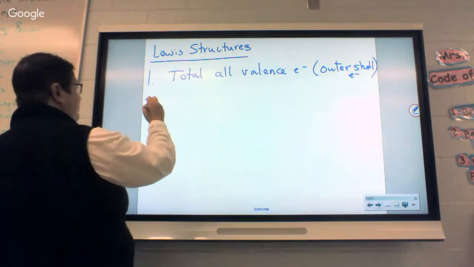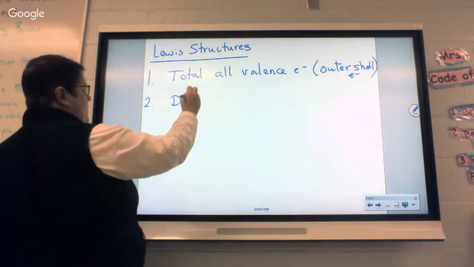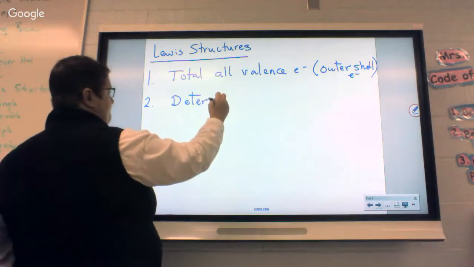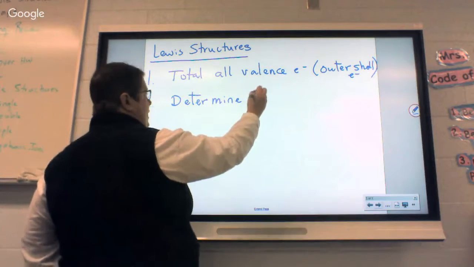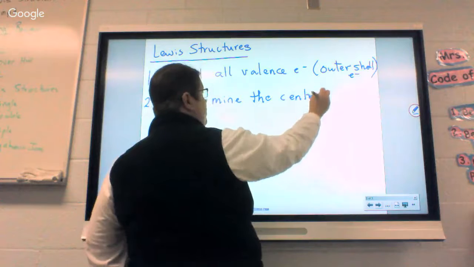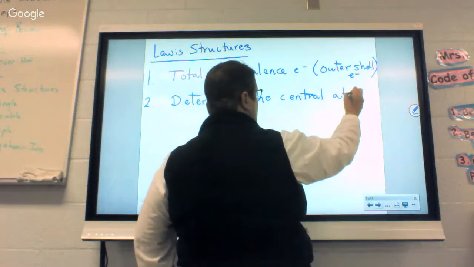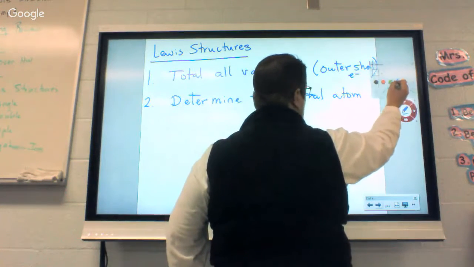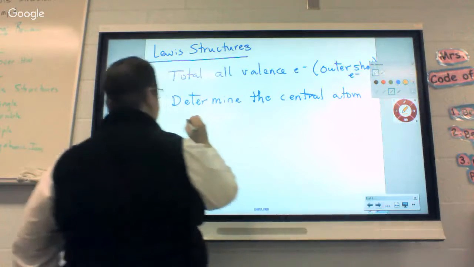Number 2, determine the central atom. I'm going to give you 2 rules to do this with. Most of you will be able to use the first one all the time. Okay?